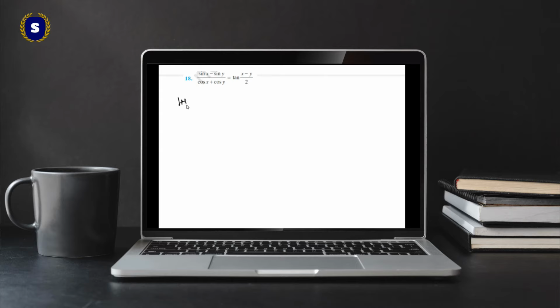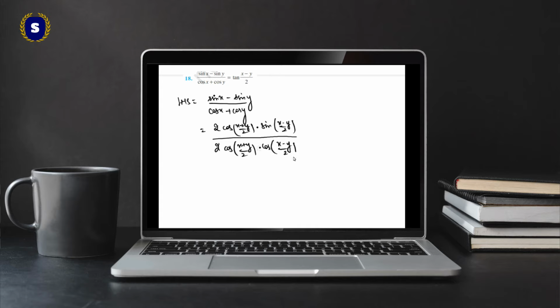So LHS is equal to sin x minus sin y upon cos x plus cos y, right? Using the same identity, 2 cos (x plus y) by 2 into sin (x minus y) by 2 upon 2 cos (x plus y) by 2 into cos (x minus y) by 2.